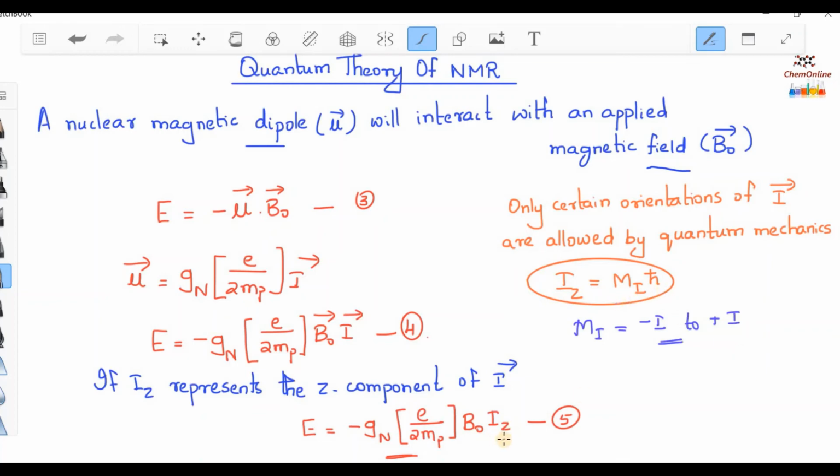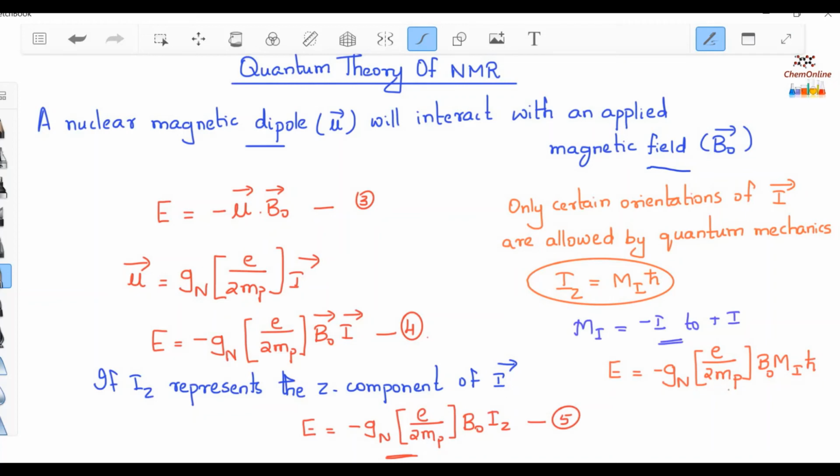So we can substitute the value for Iz in equation 5. So we get E equals minus Gn e by 2mp into B0 into mi into h cross.